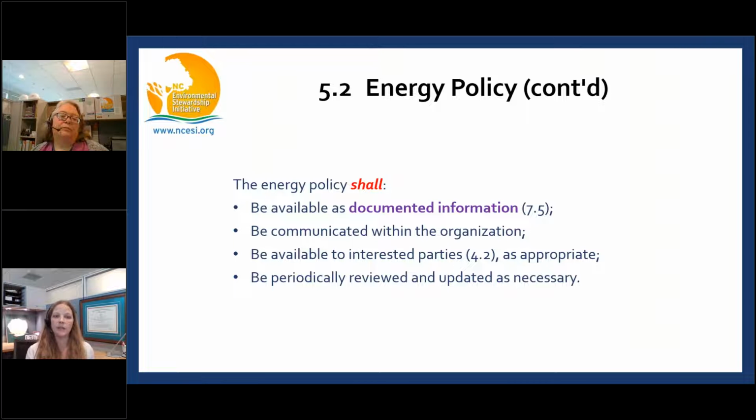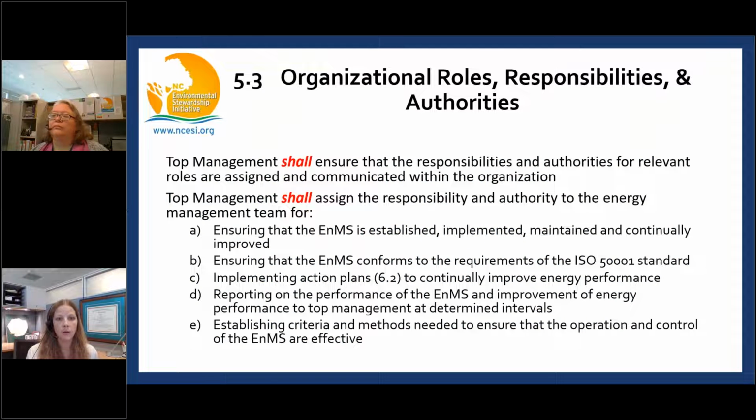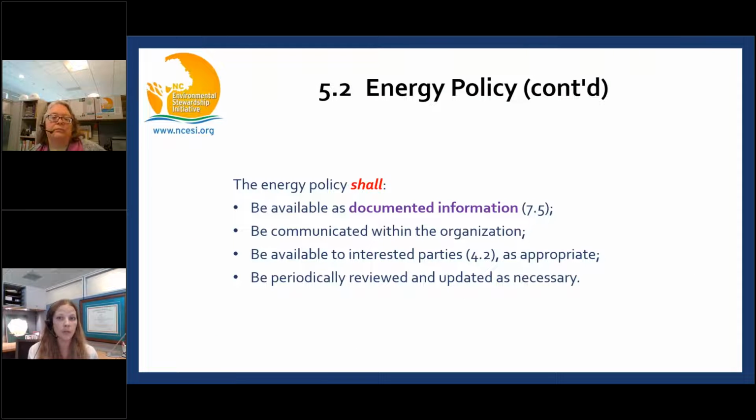It needs to be available to interested parties, 4.2, as applicable, and be periodically reviewed and updated as necessary. Quick note, there's some purple on that screen in addition to red, so I know I already said it, but I like to really hammer it in that it does need to be something that is documented. So far we've had our scope needing to be documented, and we've had our policy that needs to be documented.